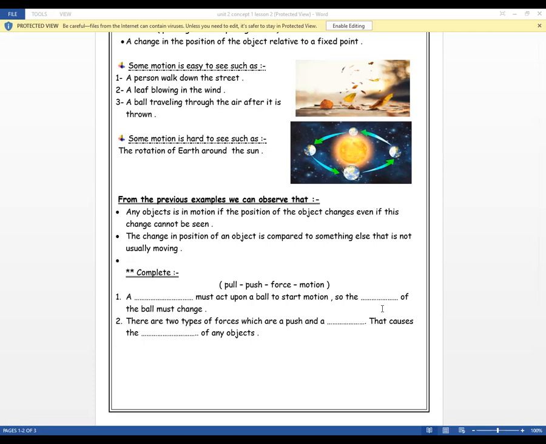Number one, a force must act upon the pole to start motion. So the position of the pole must change. Number two, there are two types of forces which are push and pull. Push and pull cause the motion of any object.